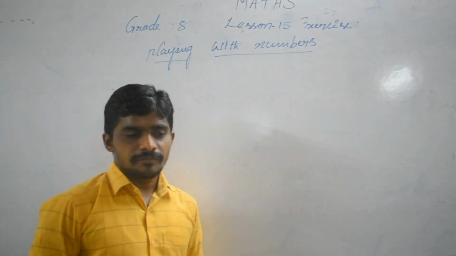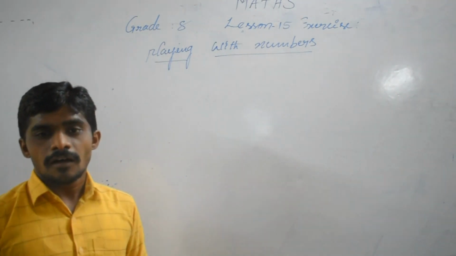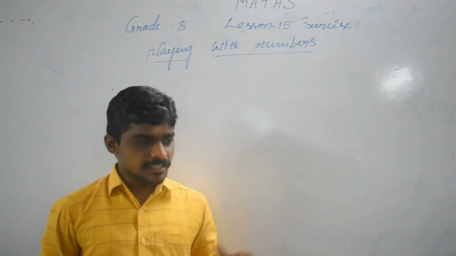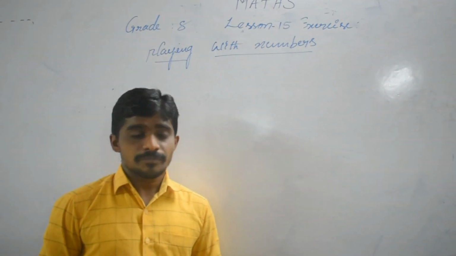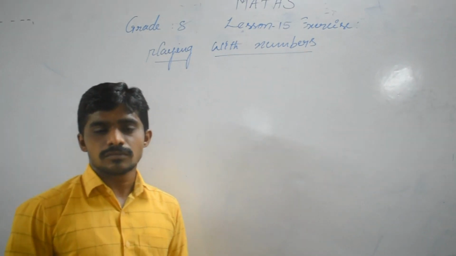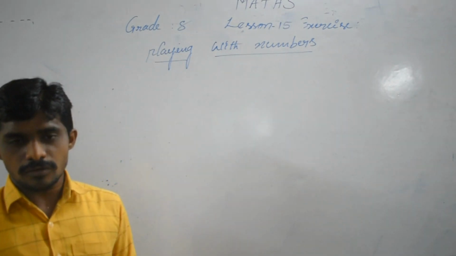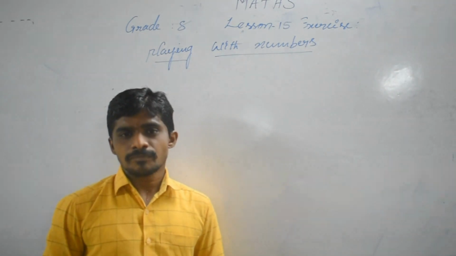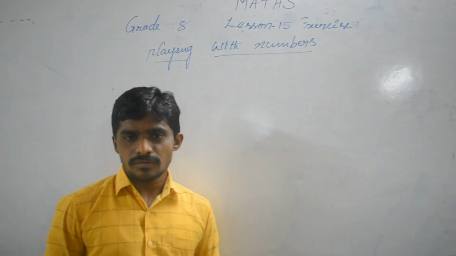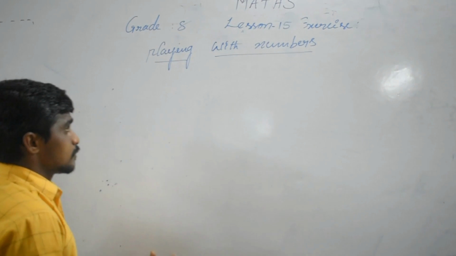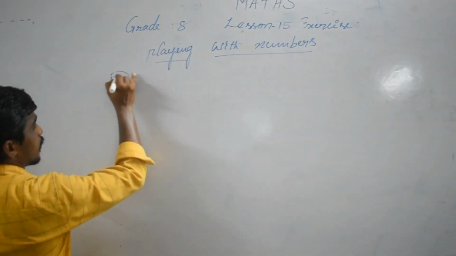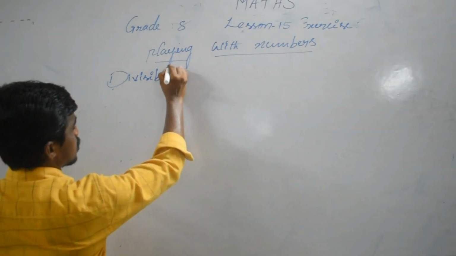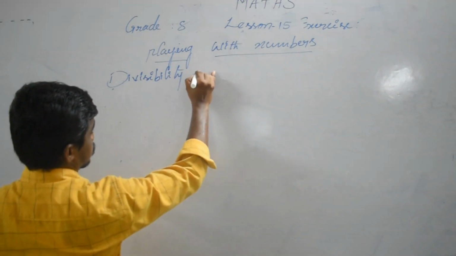We cannot easily do the division, so we use one idea to say this is divisible by 2, this is not divisible by 2, this is divisible by 4, this is not divisible by 5. How do we say? We must and should know divisibility rules.